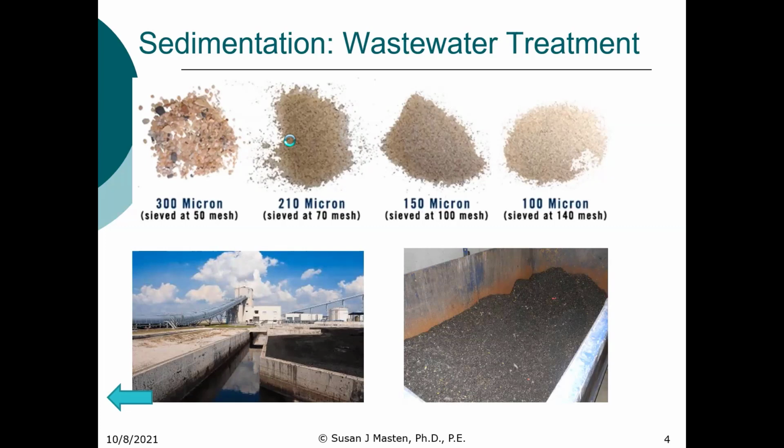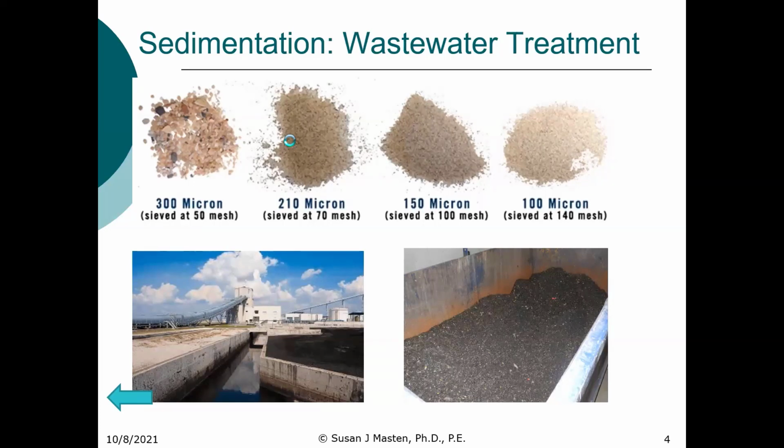This is just fairly coarse material, about the consistency of sand, coffee grinds, could be eggshells, material that will just settle without coagulating, so it won't interact with other particles. Typically, you're looking at removing particles from about 100 microns up to about 300 microns.